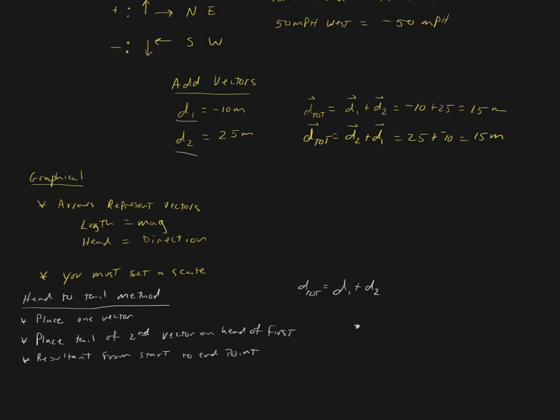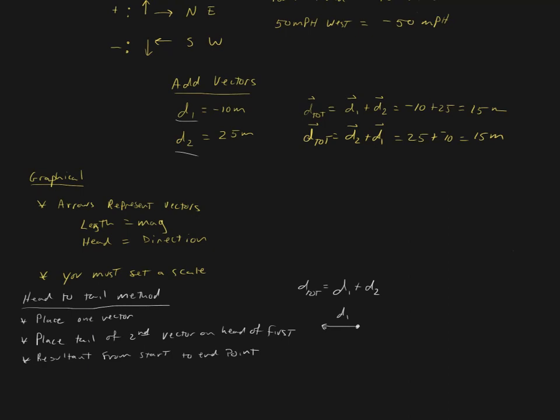I want to make it fit on my page, so I'm going to say 10 units is this. This is vector d1. Vector d2 gets added head to tail. So I take the tail of vector 2, and vector 2 is going to point to the right by 25.